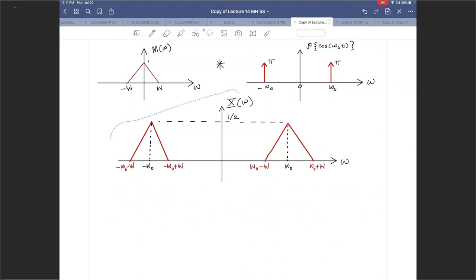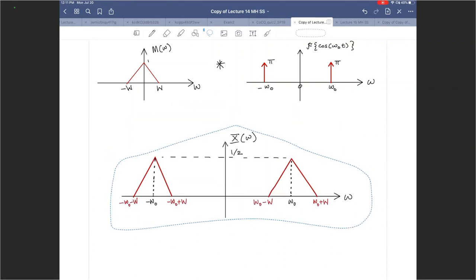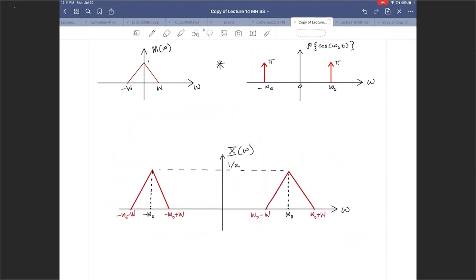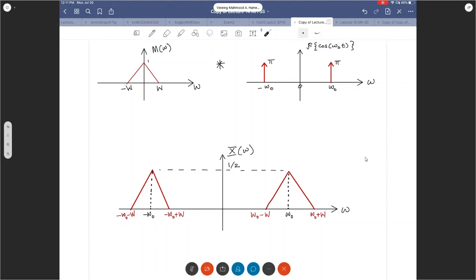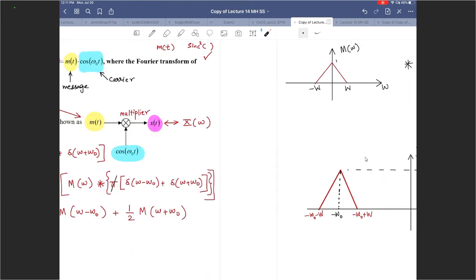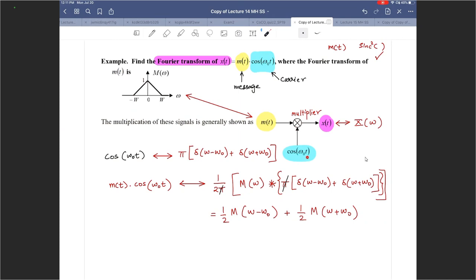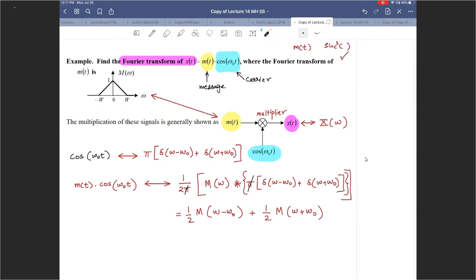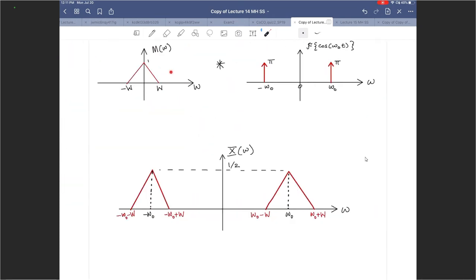So you see what happened here. I think of this as M of omega. When I convolve that, when I multiply that with a cosine, half of the message moves up to plus omega naught, and half of the message moves down to negative omega naught, right?